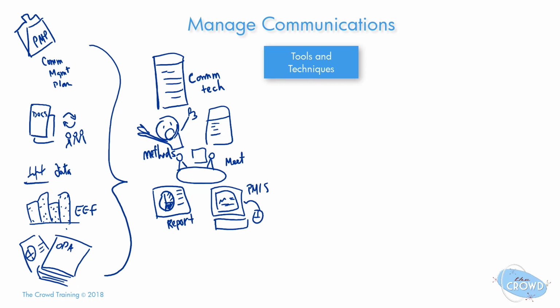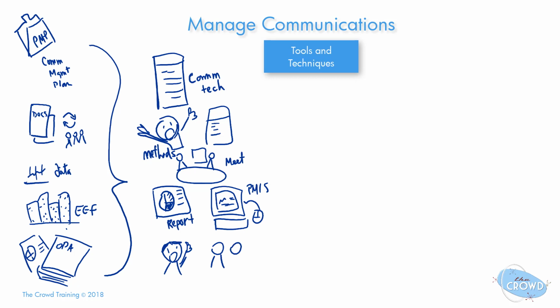And we also have different types of skills. You have the communication skills of an individual, say you, and then there's also the skills of your teammates and your various different stakeholders and how they communicate.